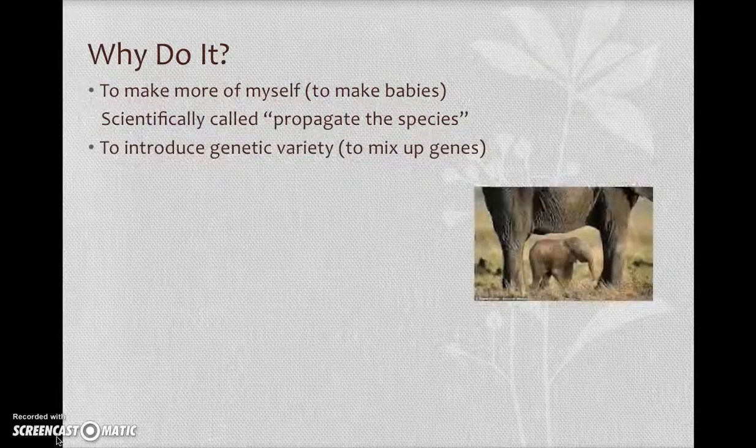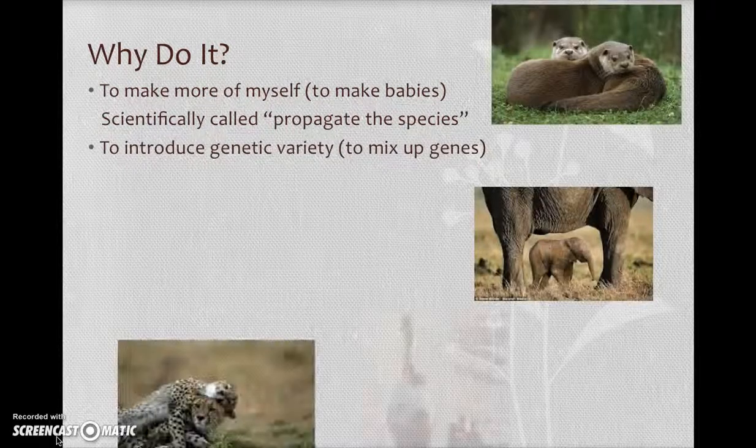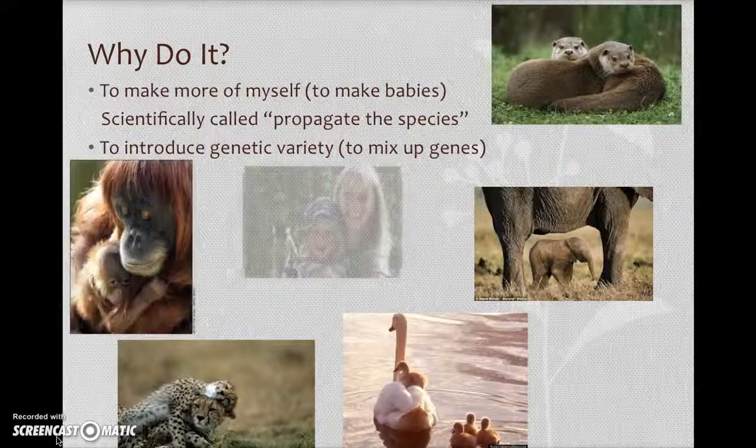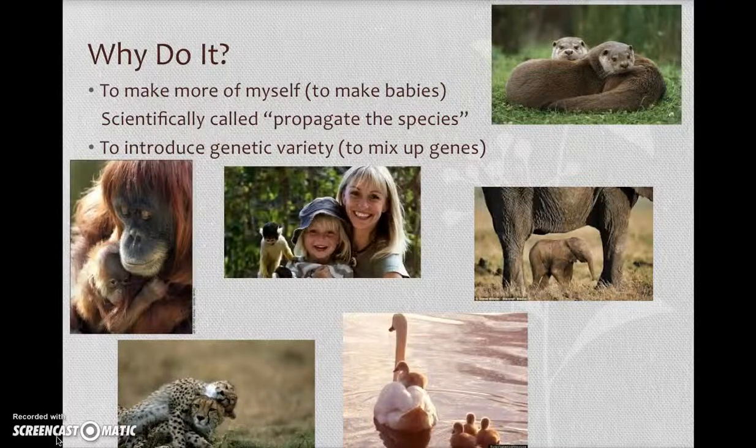Basically, reproduction introduces genetic variety to organisms. Mix up the genes. By mixing up the genes, organisms become more healthy. The more combination of different types of genes allows organisms to be more fit to be able to survive. So we reproduce to make more of ourselves and to introduce genetic variety.